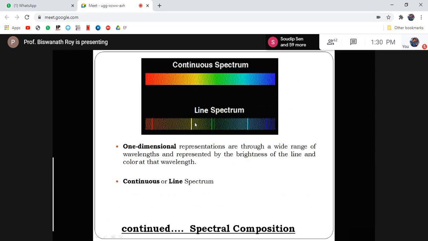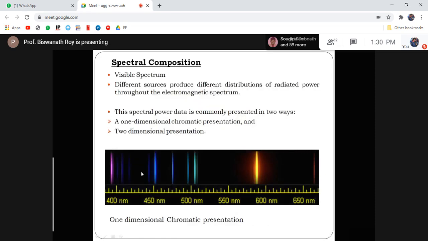Why? We can see the lines because in between two colors there is no emission. Since there is no emission of optical radiation in between wavelengths, it appears to us as a dark region. So two colors are separated by dark region.